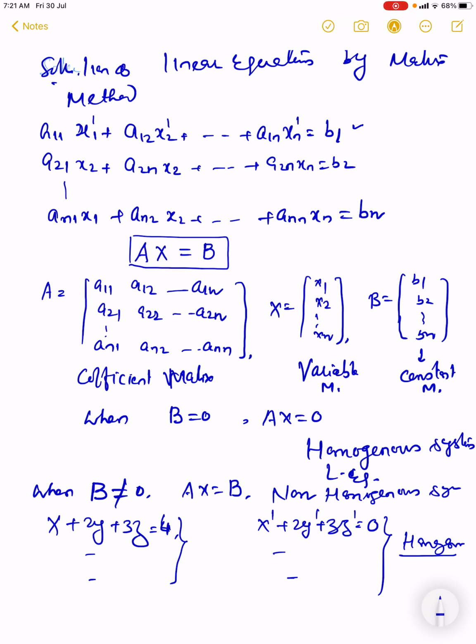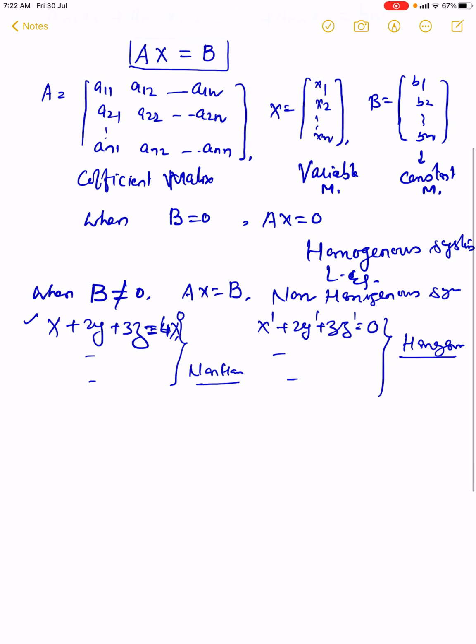Due to this term, which can be written as 4x to the power 0, 4y to the power 0, whatever you can write, the homogeneity vanishes. Because this is a constant, that's why it is known as non-homogeneous. Because we have the constant value on the right side, that's why it is known as a non-homogeneous system of linear equations.